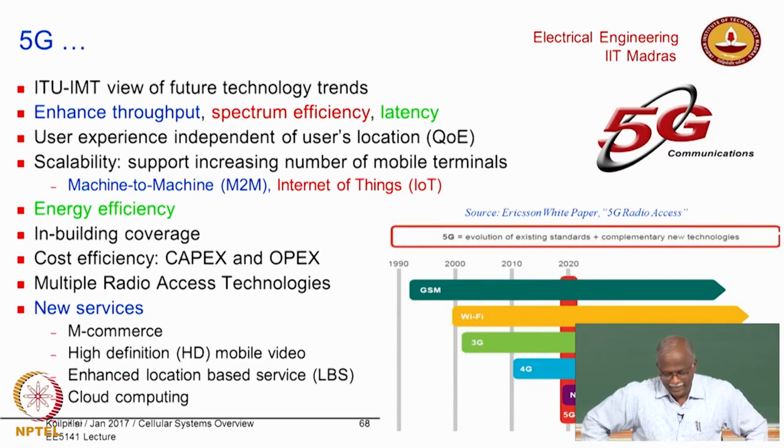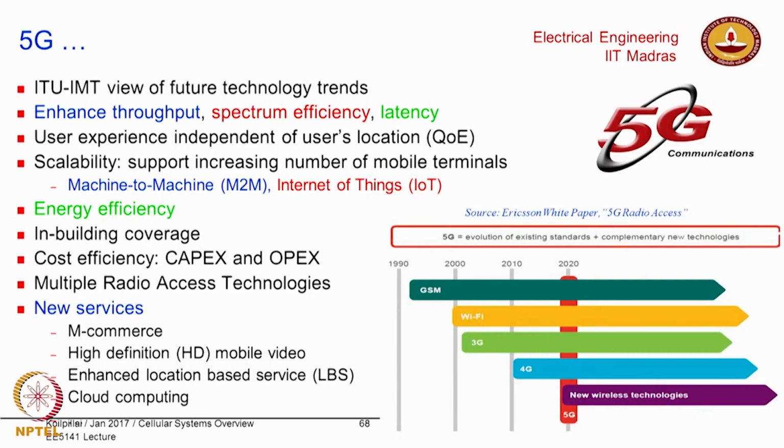So now the question is, okay, I throw away 2G, 3G, 4G, and then I bring in a new system, 5G. No, the answer is not that. 5G is probably going to be a superset or an integration of all the features, because we know that in markets like India, GSM is not going to go away. There will be pockets where GSM is there, 3G will be there, 4G. And of course, we know that Wi-Fi is an important technology.